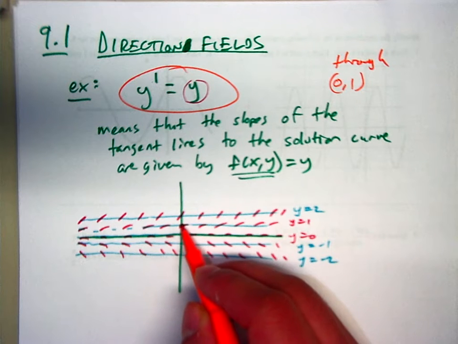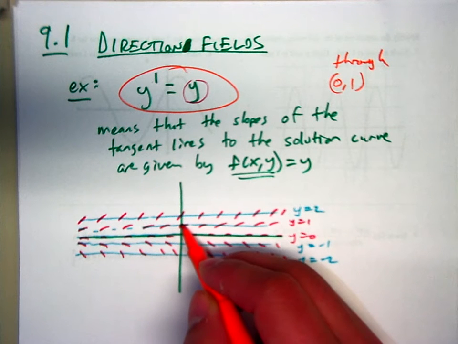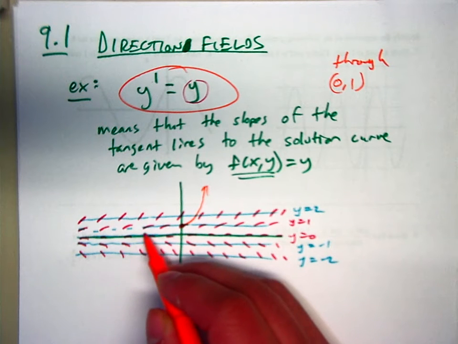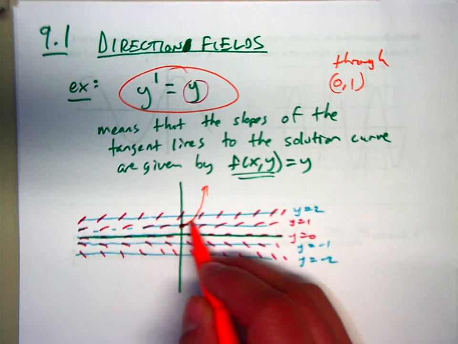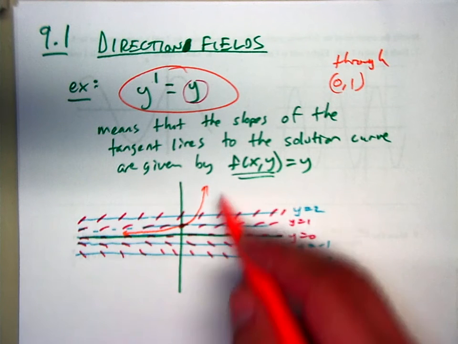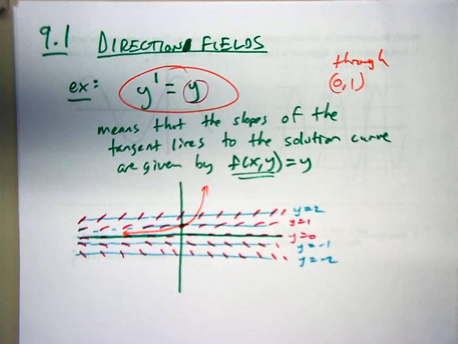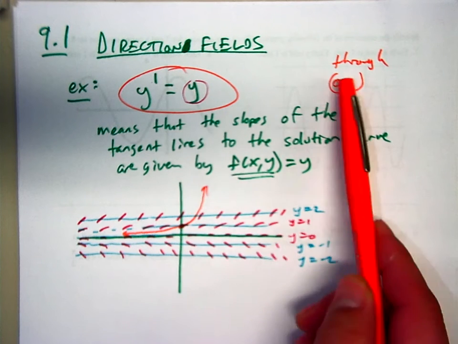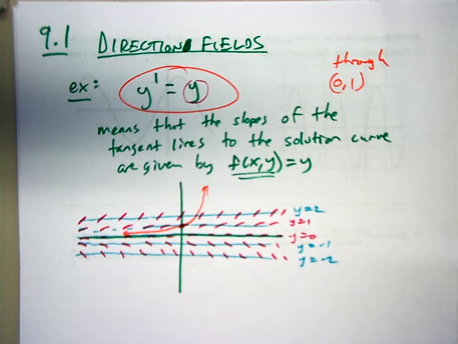And as I go right, according to my direction field, this needs to increase. This is going to get flatter here. It looks like it's going to approach 0, not go through that. And so this would be a sketch of a solution curve to this differential equation. By the way, you should know what solution curve that is. E to the x, right? Y prime equals y, e to the x solves that. And specifically, if it goes through 0, 1, there you go. Okay? So that would be one example.